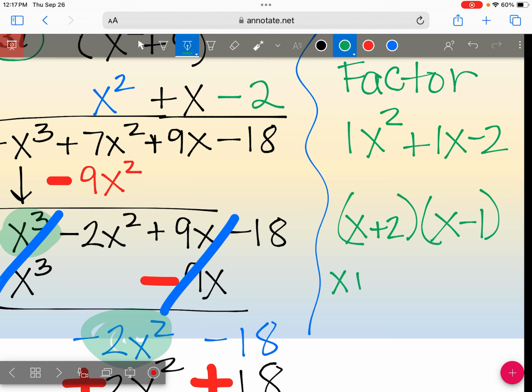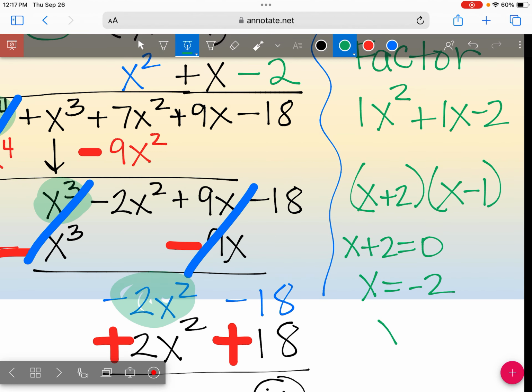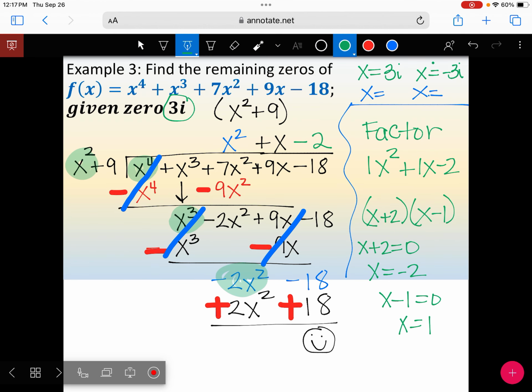So if x plus 2 equals 0, that means x equals negative 2. And if x minus 1 equals 0, that means x equals positive 1. So now we have all four solutions. Negative 2, positive 1.